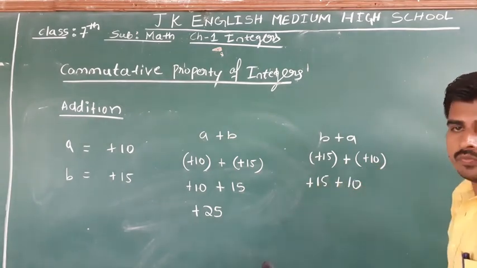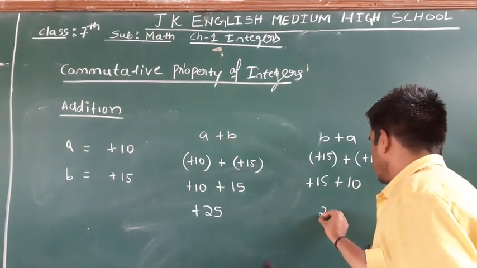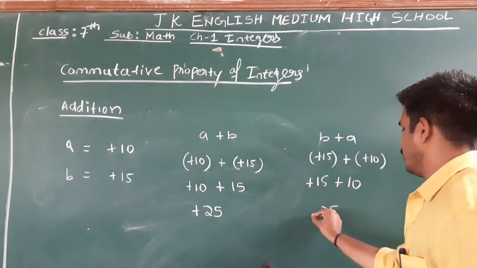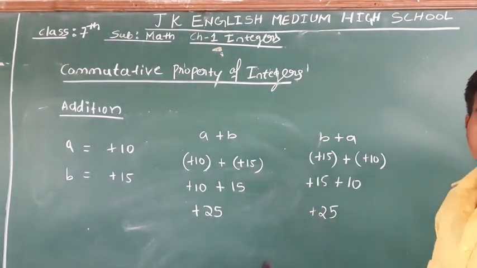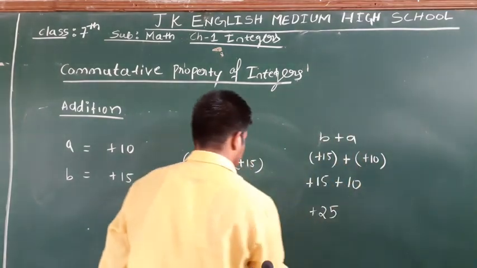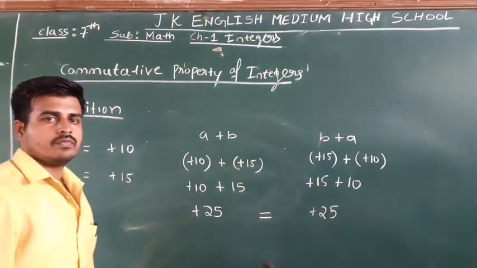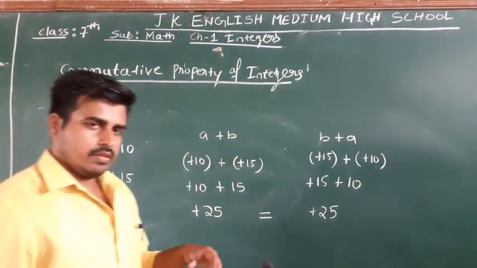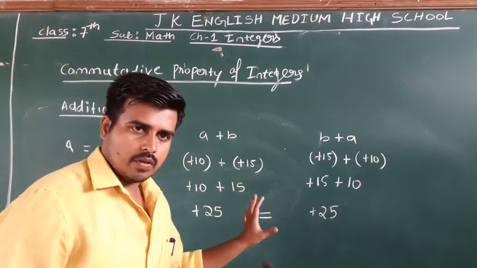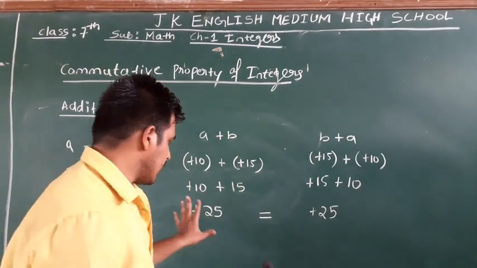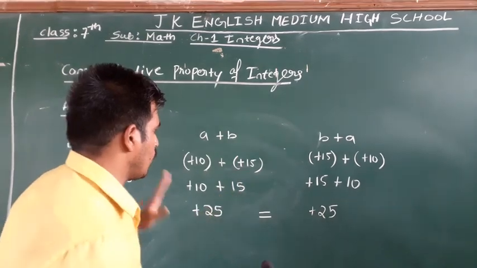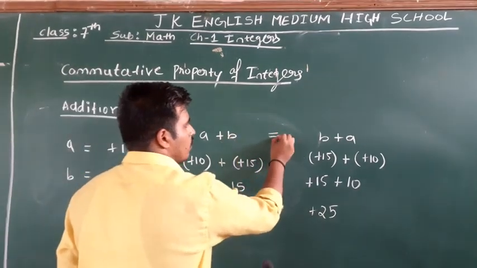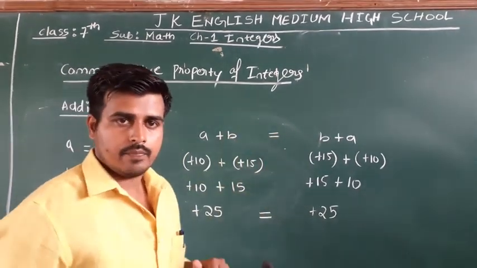Both are positive, add them. 25 is your answer. Both are equal, no? This is our first example. In this case I got LHS equal to RHS, which means A plus B is equal to B plus A.